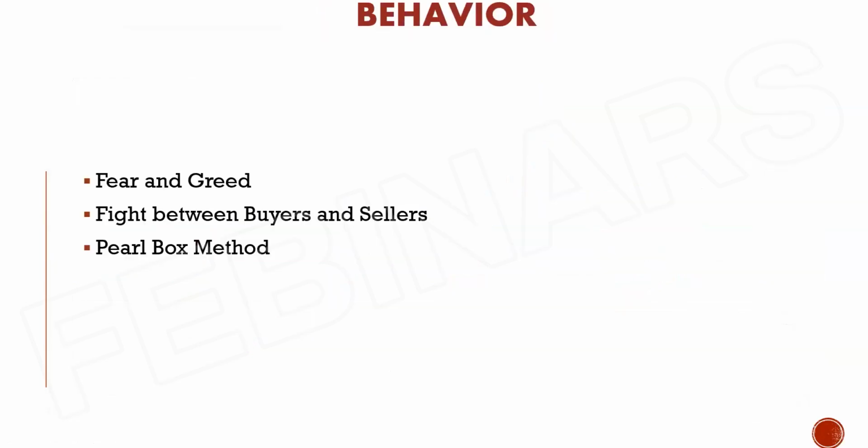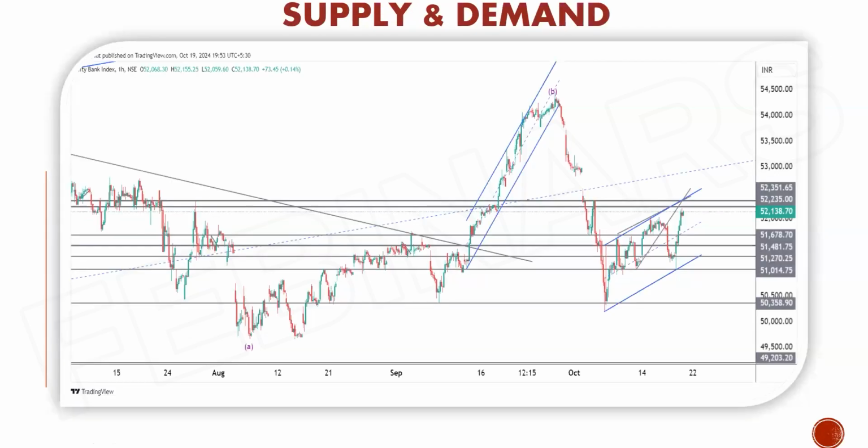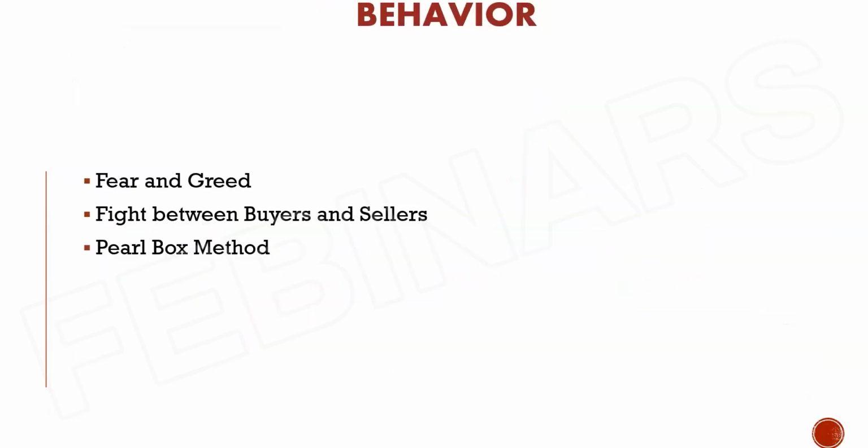The behavior here is that supply and demand are the key areas, the zones of confluence, as we call them. From right to left, where more points meet, that becomes the area of supply or demand. The support and resistance, as we call them, is where the buyers and sellers fight.